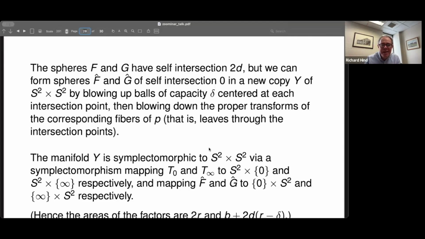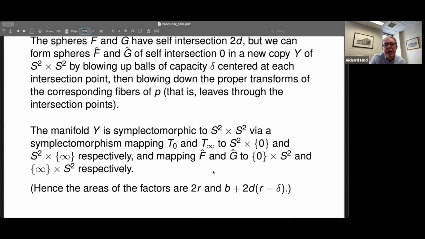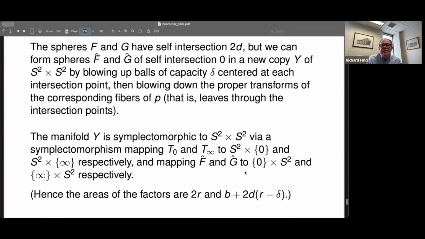So I'm not touching the F hat and the G hat at the second blowdown. I'm just blowing myself back down to S2 times S2. So we blow up the intersection points, blow down the transform of the corresponding fibers. That gets us back to S2 times S2. But now the two spheres, F hat and G hat, have self-intersection 0, and now they're disjoint.